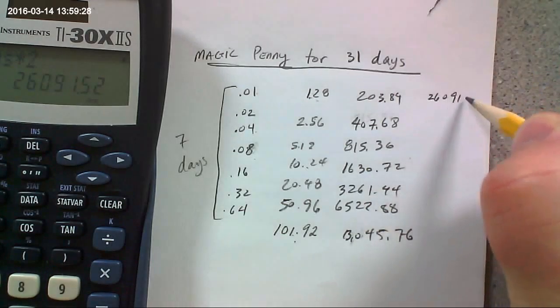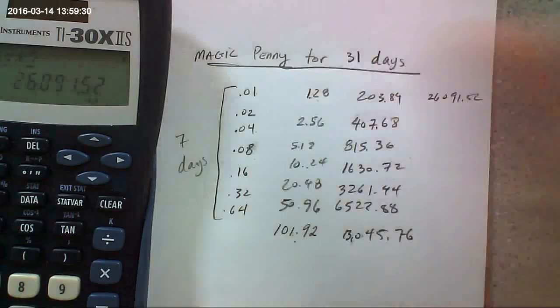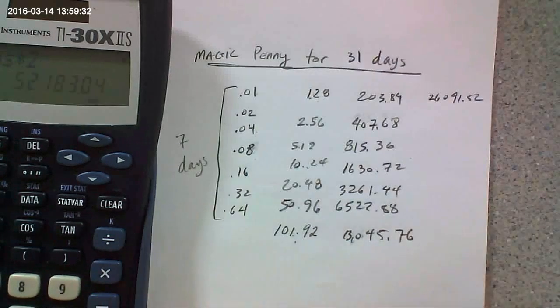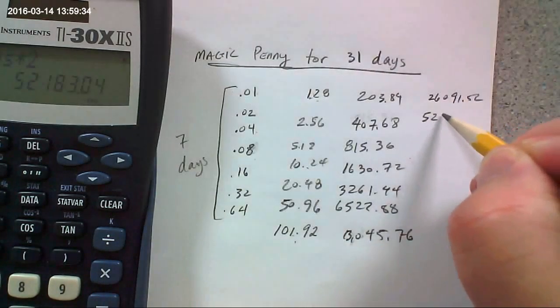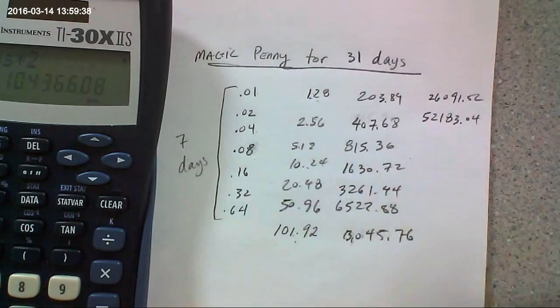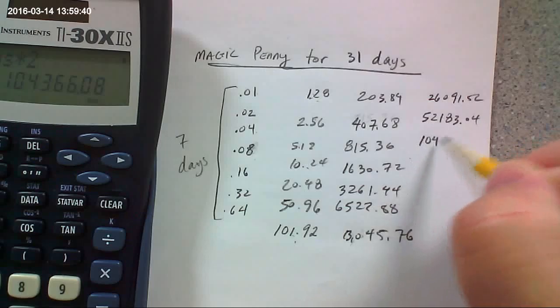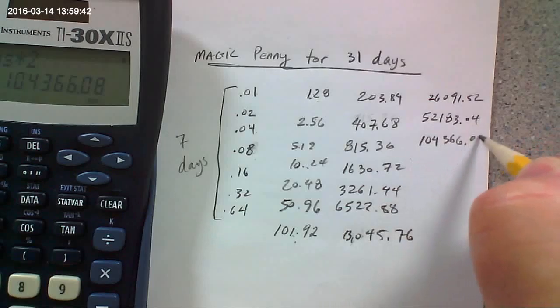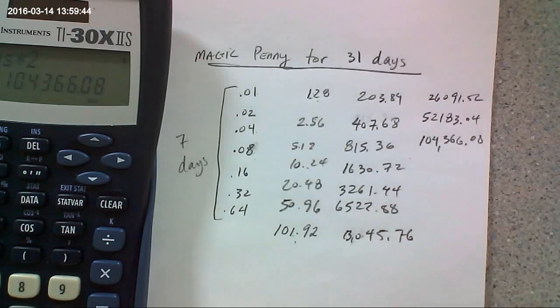Yeah, but you already went past $1 million. But that's only 26,000, and that's only 52,000. Yeah, but you have 4 extra days. That's 104,000. That is a lot of money. But you need that 10 times over to get to $1 million, and all I get to do is double it.